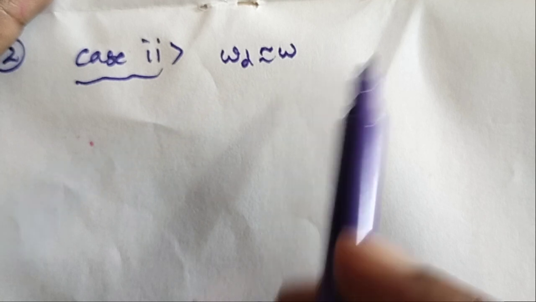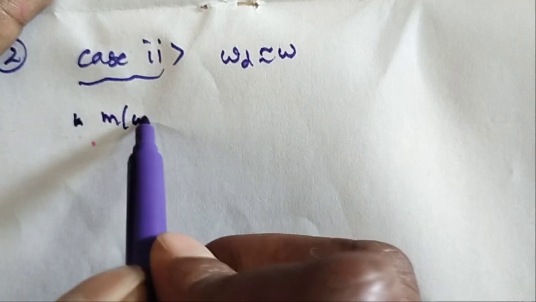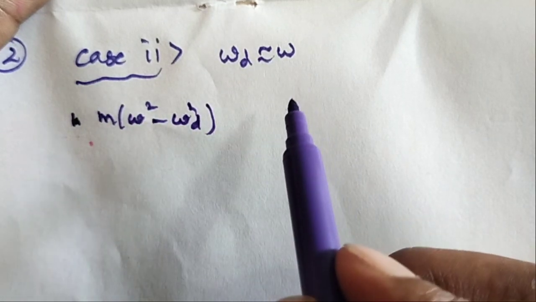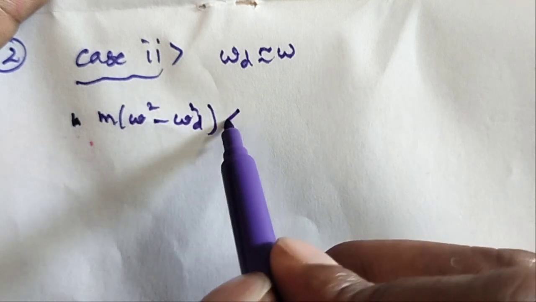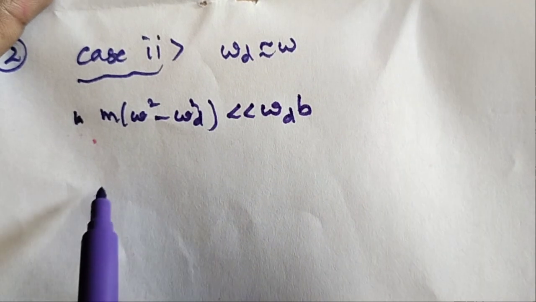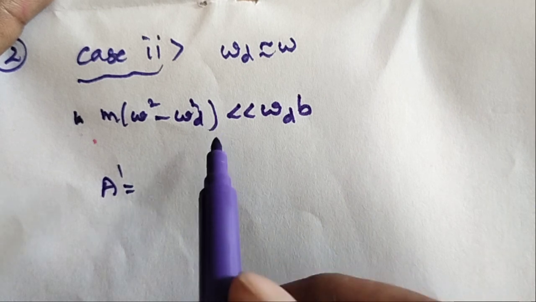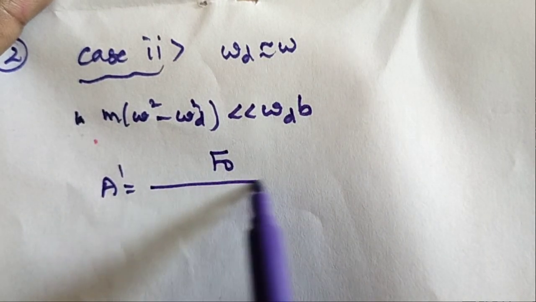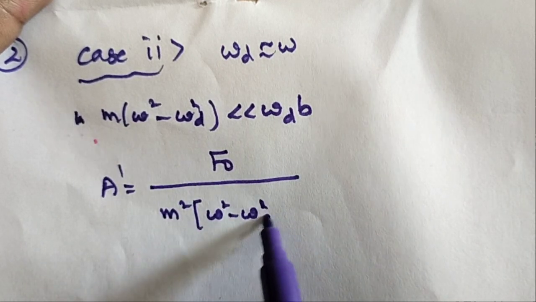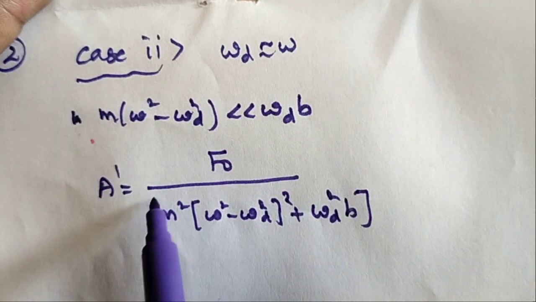In this case, what happens? The value of m into omega square minus omega square d is much less than 2 omega d b. So in the A dash equation, A dash is equal to F naught by m square into omega square minus omega square d whole square plus omega square d b whole power 1 by 2.